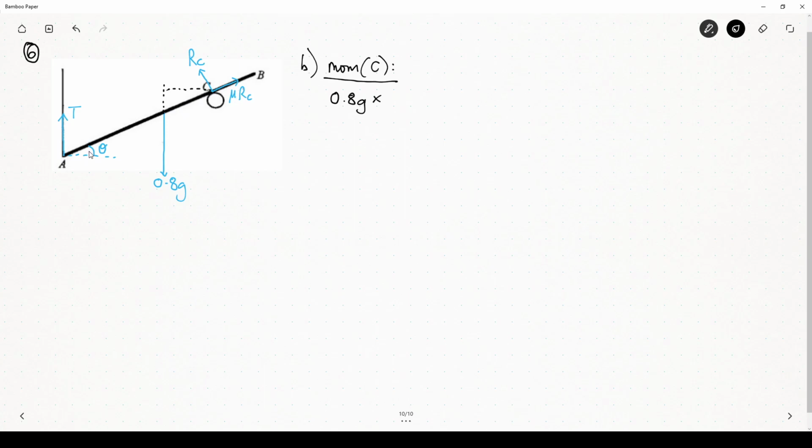If I call this theta, then it's 2a cos theta. And in the same way, we've got tension, and then the distance from C perpendicular to the line of action of the tension is going to be all the way along here. That's going to be 7a times cos theta.